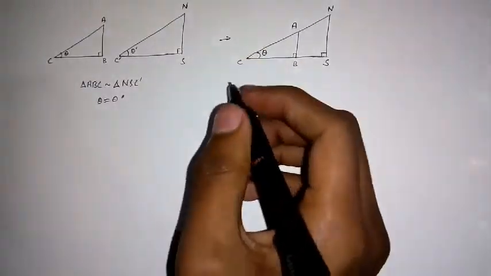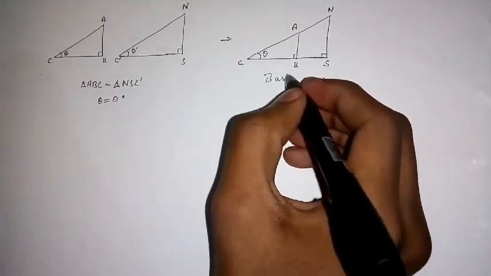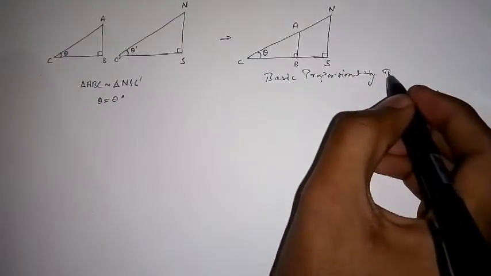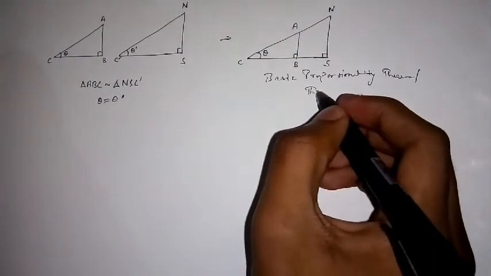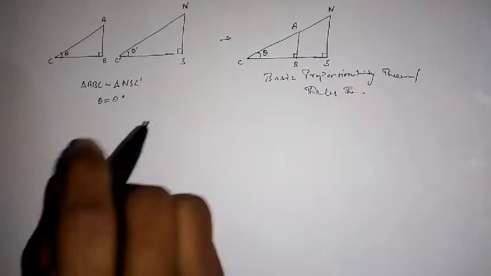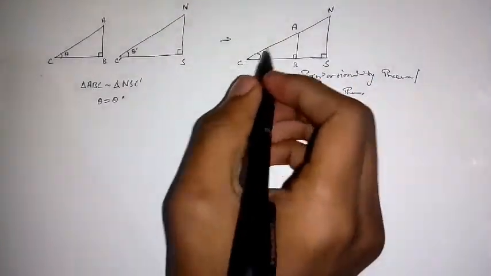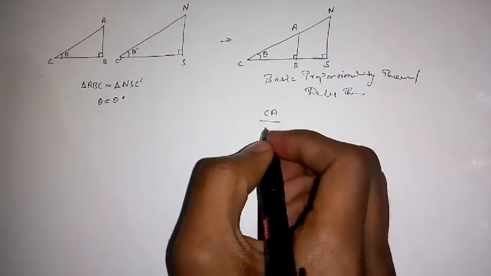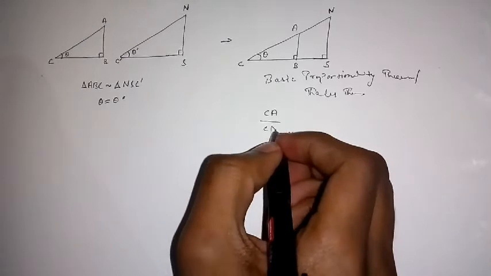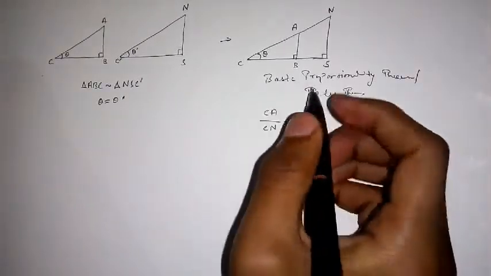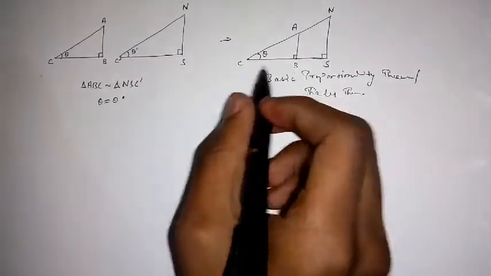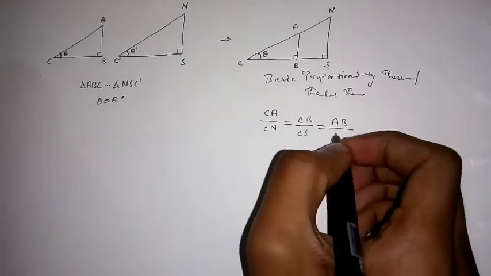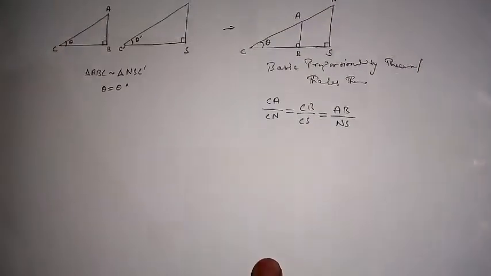So according to the basic proportionality theorem, also known as the Thales theorem, we can say that CA over CN will be equal to CB over CS, and that will be equal to AB over NS according to the BPT theorem.